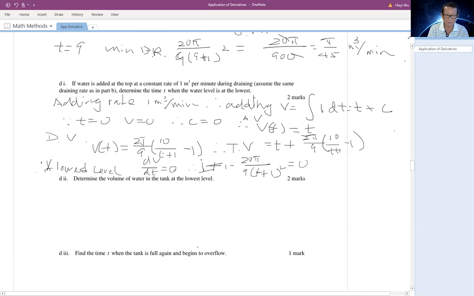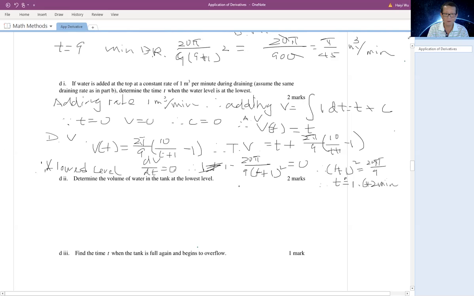So let's solve for t. We know t plus 1 squared must be equal to 20 pi over 9. So therefore, time must be approximately equal to 1.642 minutes.